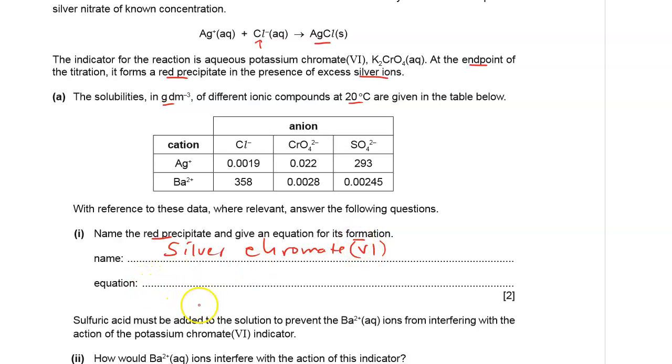And the equation will be silver ions in aqueous will react with the chromate ions in aqueous to give us silver chromate(VI), which is a solid. You can see silver chromate is not very soluble, so there will be a solid right there.